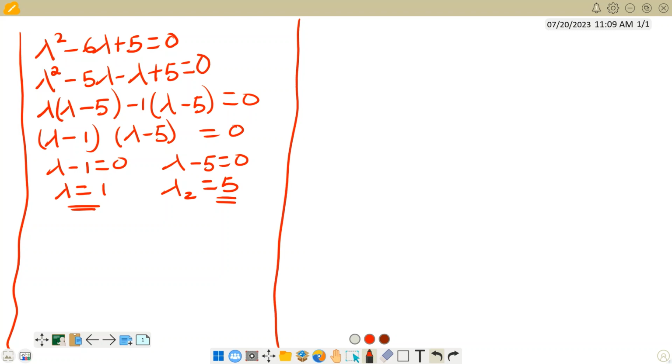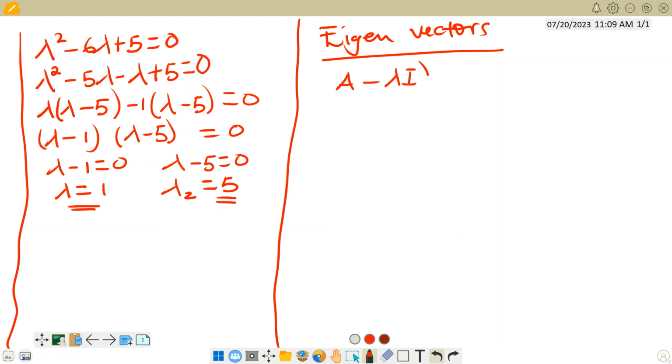Okay, so over here, can we now get the eigenvectors? So we know that matrix A minus lambda I, multiplied by x, should be 0.